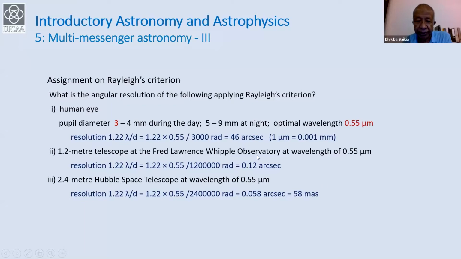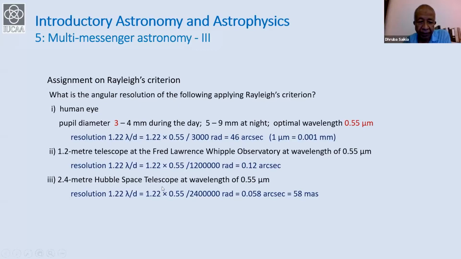But as we just mentioned, seeing conditions limit the telescope. For example, for a 1.2 meter telescope on the ground, unless you adopt very advanced techniques called adaptive optics and active optics, where you try to correct for corrugation of the wavefront due to turbulence in the atmosphere, you'll get typical resolutions given by the seeing conditions at the site. As I said, 0.5 arcsecond is not a bad site.